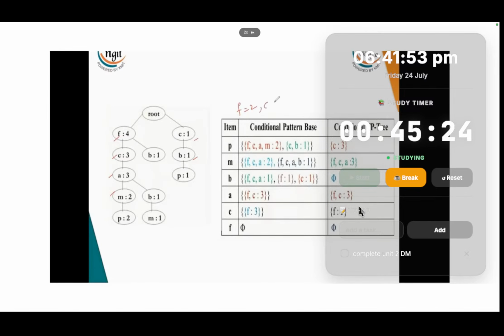Now count for C. What is the frequency here? For C, here it is 2, and here it is 1. Total the count is what? 3. And count for A, the frequency is what? 2. And the M is having the frequency as what? 2.